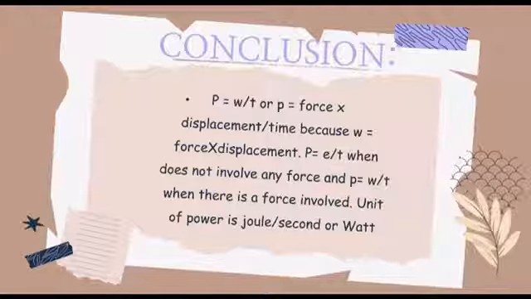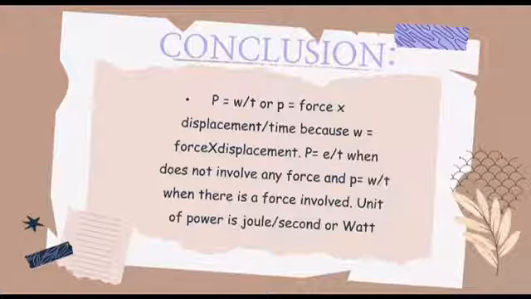So, we can conclude that power is the result of work over time. Other than P equal to W over T, power can also be calculated using the formula P equal to force times displacement over time, because work equals force times displacement. The higher the power of an object, the more powerful the object.